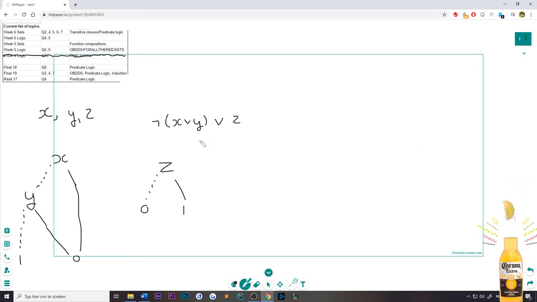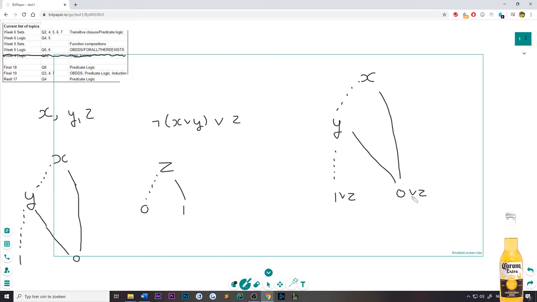So to draw this, it's basically we take the OR of these two, right? Or we can just draw the whole tree out again. So basically we have X, we have Y here. Or even better, we have X, which goes to Y here, and then Y goes to 1 here. This goes to 0 here. This goes to 0 here. But now we need to incorporate Z. So what we're going to get here is this OR Z, and this OR Z here, right?